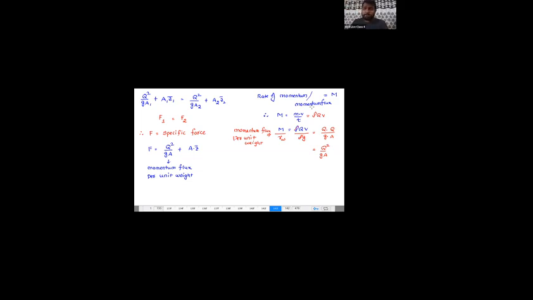And similarly, this is the hydrostatic force per unit weight.